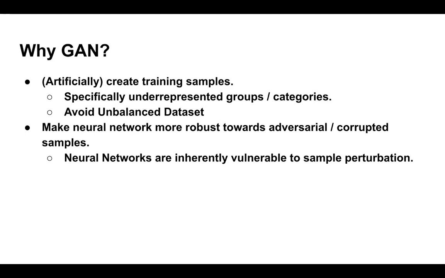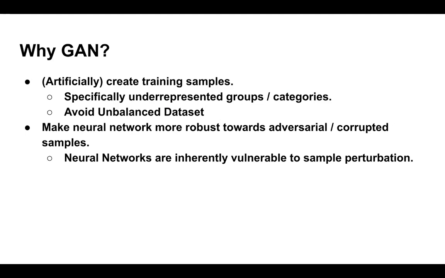When we train neural networks, one problem that always comes up is that, especially in classification, there are certain classes that are underrepresented in the data set. Let me just give you an example.